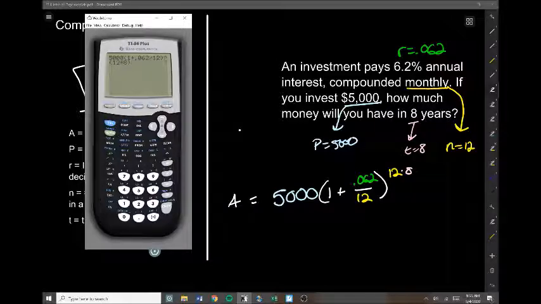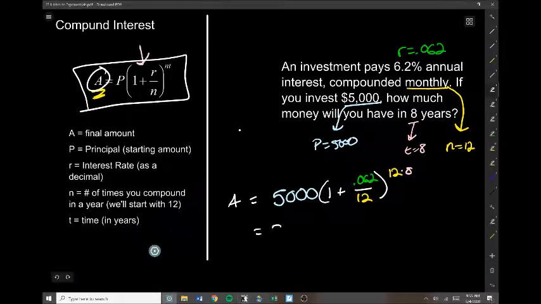We want it to be doing to the 96, not to the 12 and then times 8. We want the exponent to all be done together at once. Press enter. You would have $8,200.22.